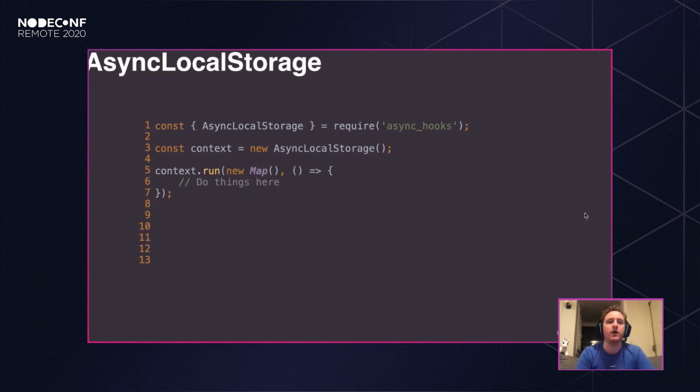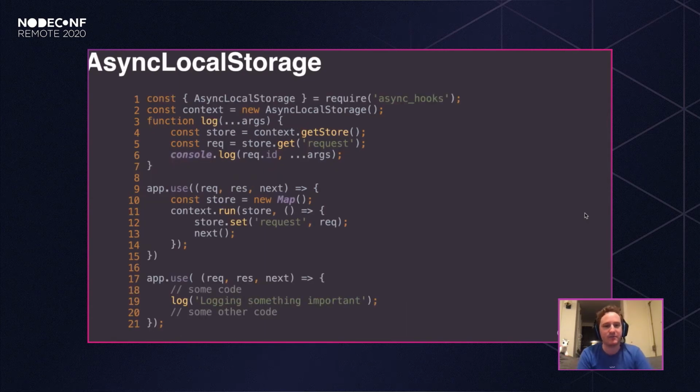I call context.run. The first argument I pass is what we call the store. It's actually the value that will be available for all calls made within the context. Then I pass a callback function, and everything there will have access to the map that is created when we call context.run. Don't worry, there will be better examples right after, like in this slide.